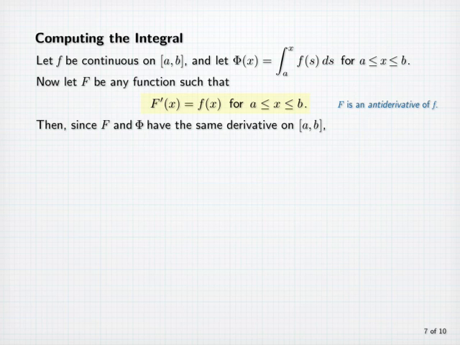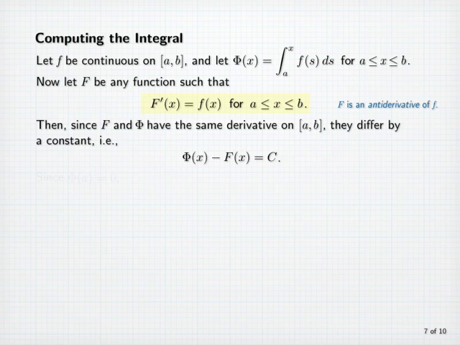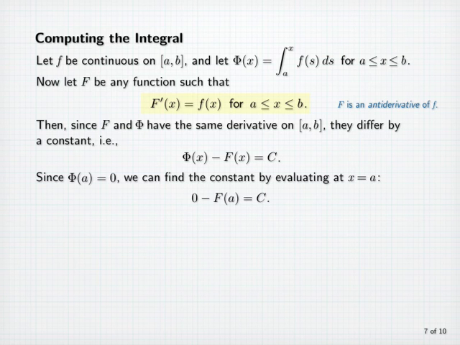In other words, capital F and phi differ by a constant, so we can say that phi of x minus capital F of x is equal to some constant c. Since phi of a is equal to 0, we can find the constant by evaluating at x equals a. 0 minus capital F of a is equal to c.